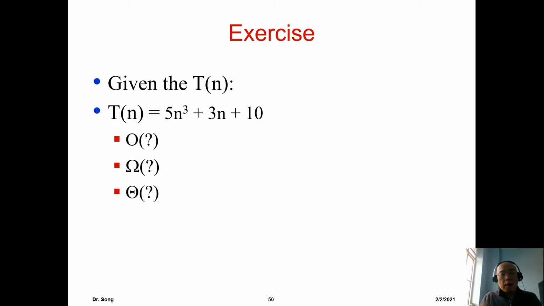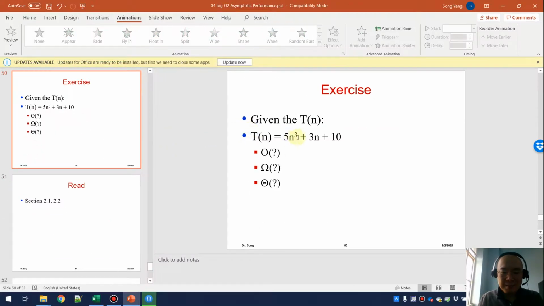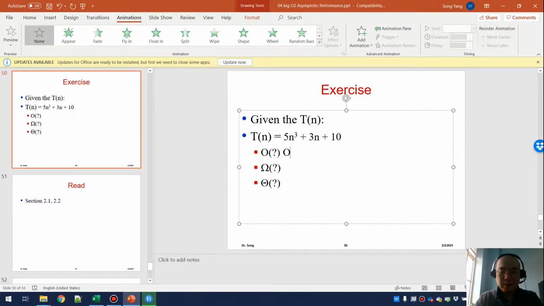And how about, if I want to give you some crazy case, let me write this down. Big O of n cubed is definitely right. And then how about big O of n to the 10, is that still right?